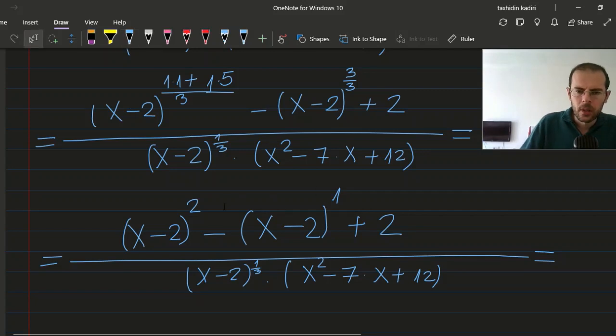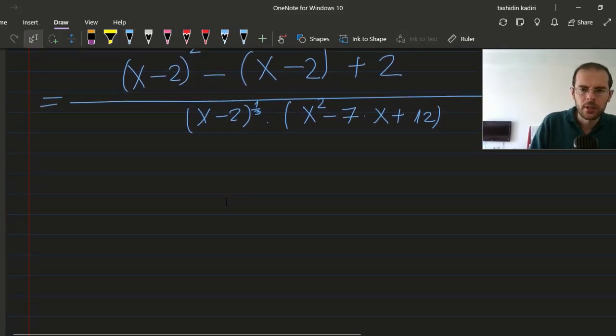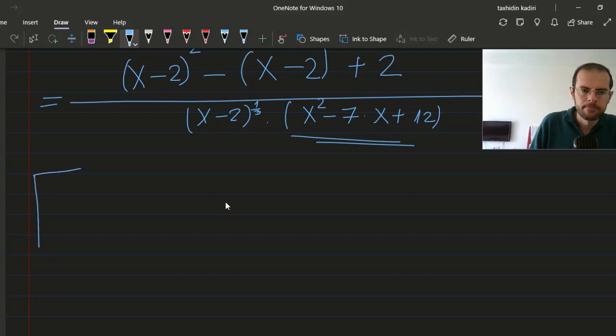Now just a second. Can you see this expression? We can take this and find how to write it in another form.